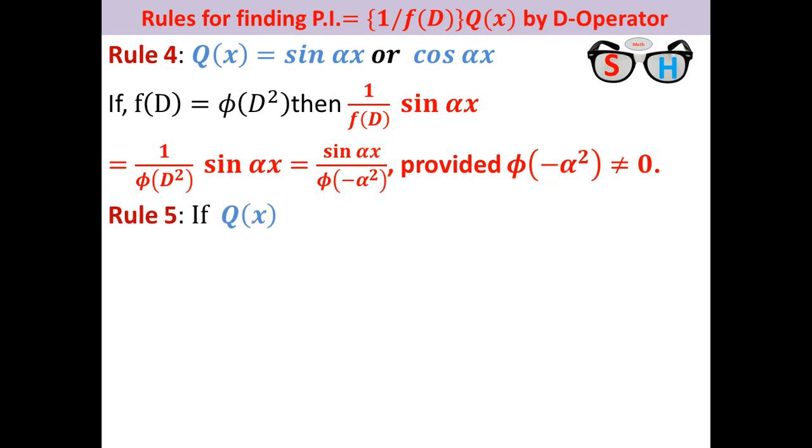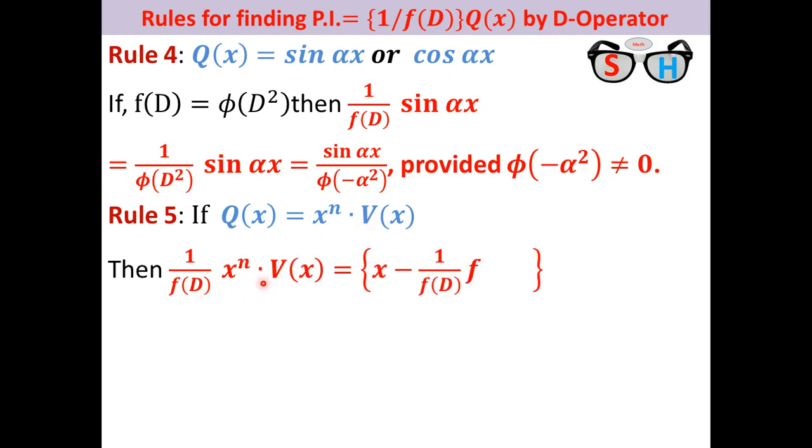And at last, rule 5 was x to the power n into an arbitrary function. In that case, the particular integral will be, imagine x to the n is absent, that is 1 by f(D) of V(x), and since there is x to the power n, write x minus f dash(D) by f(D), whole to the power n.